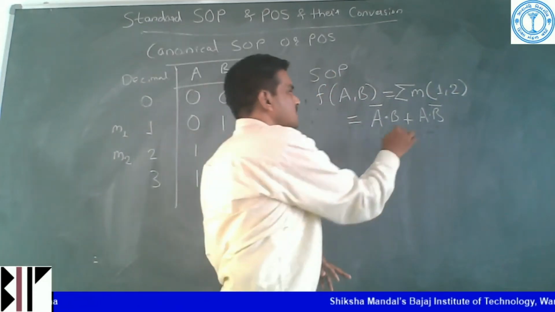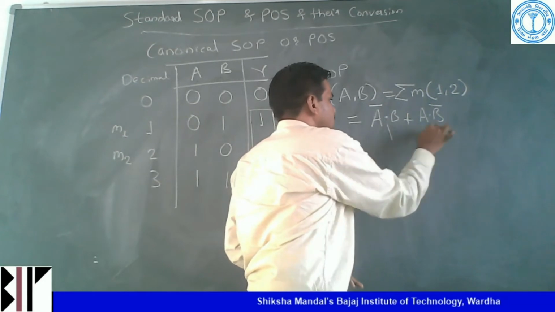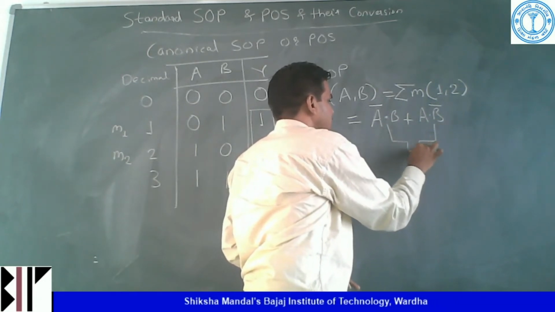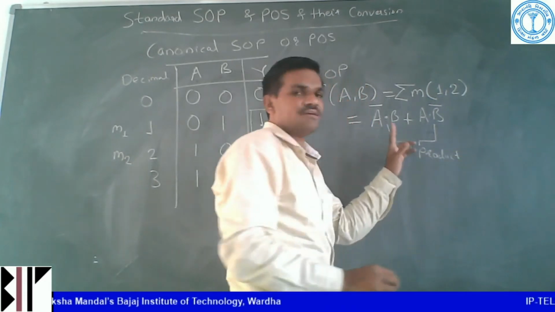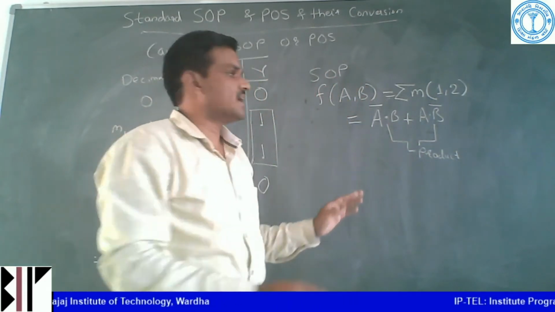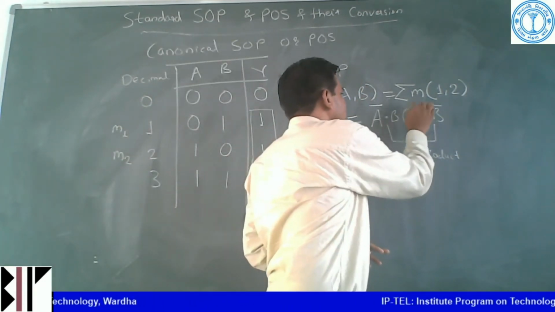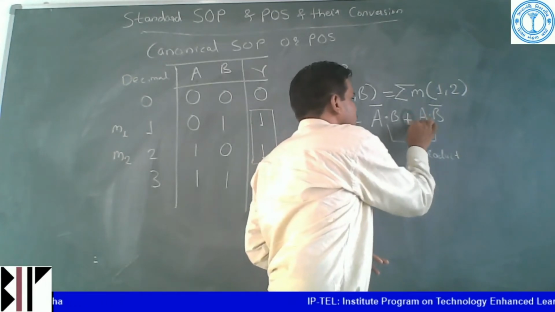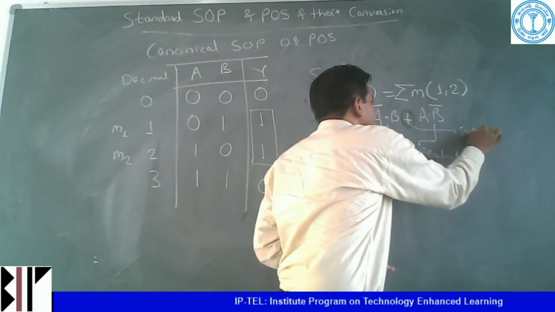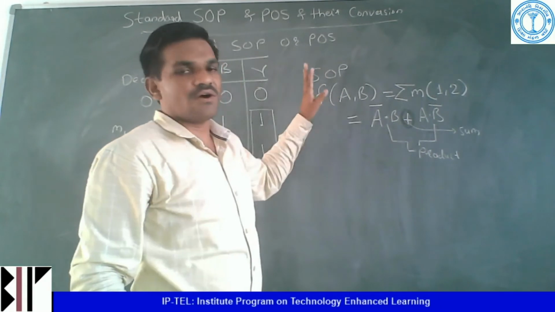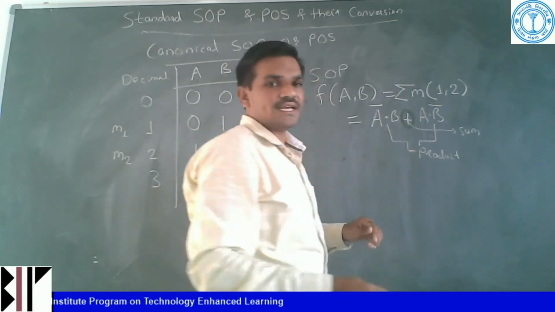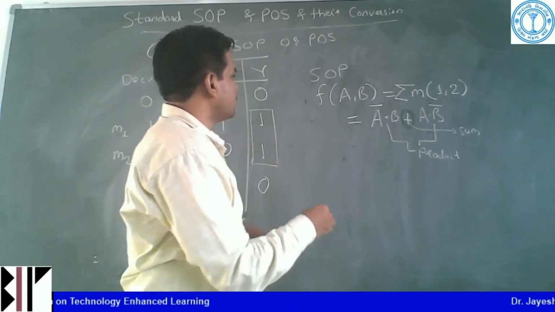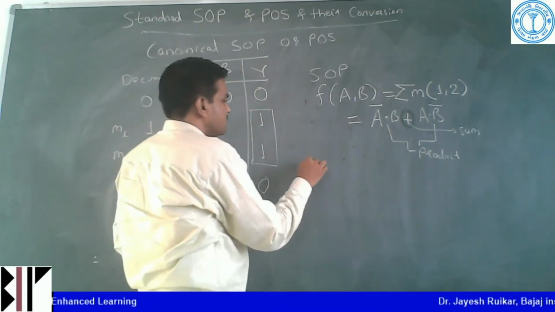These are the two product terms. This is the product between the variables, or you can say literals, and this sign indicates the sum. That's why they are calling it sum of products. Do you understand this?